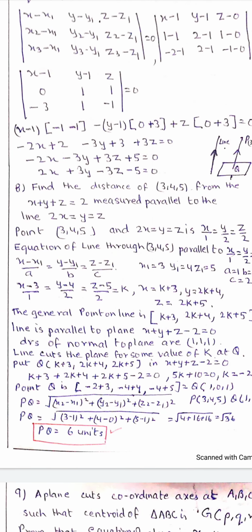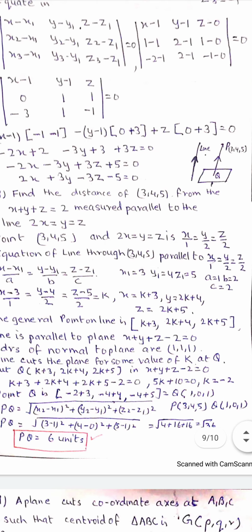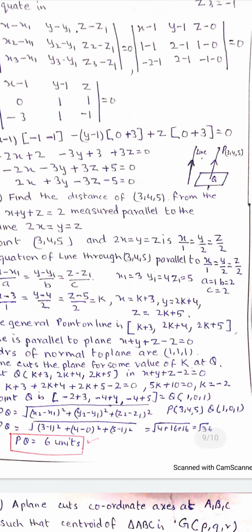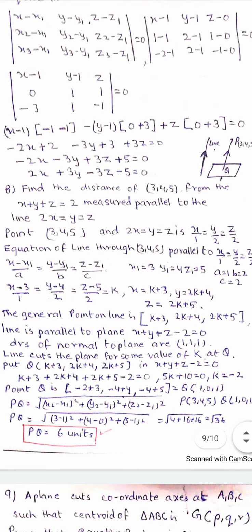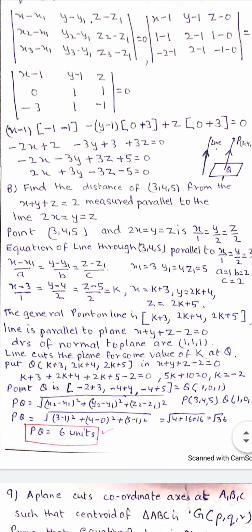The general point is given over here in terms of k and we are putting it in the plane, that is x plus y plus z is equal to 2, and we are getting the value of k. This k is minus 2, so the point Q that we obtain by putting k equal to minus 2 in k plus 3, 2k plus 4, 2k plus 5, Q is coming (1, 0, 1).